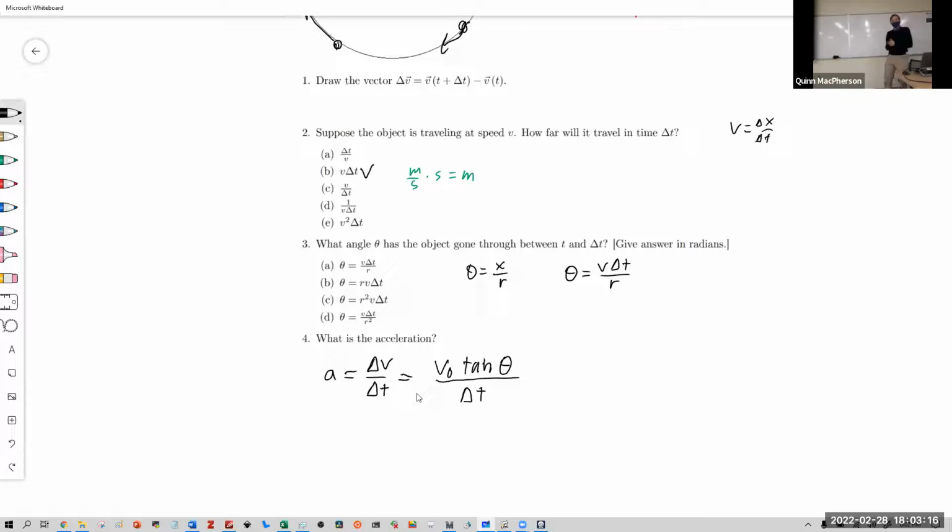Pull out your calculators. Do you all know how to switch your calculators to radians? Switch your calculator to radians. We're going to take tangent of 0.001.